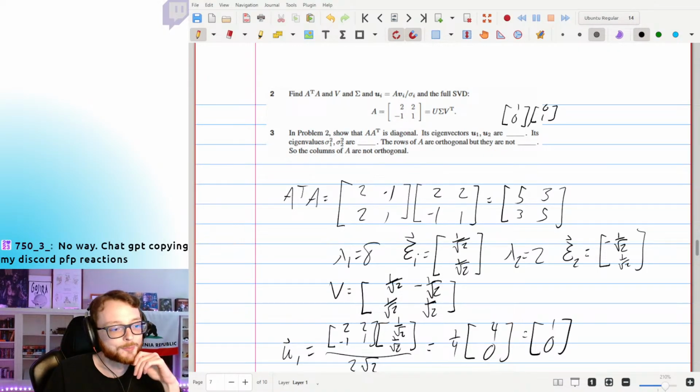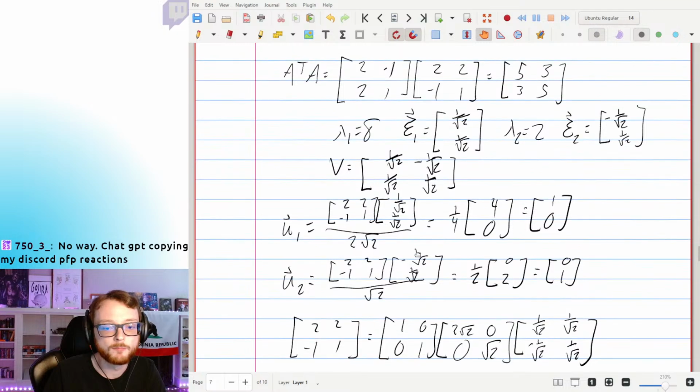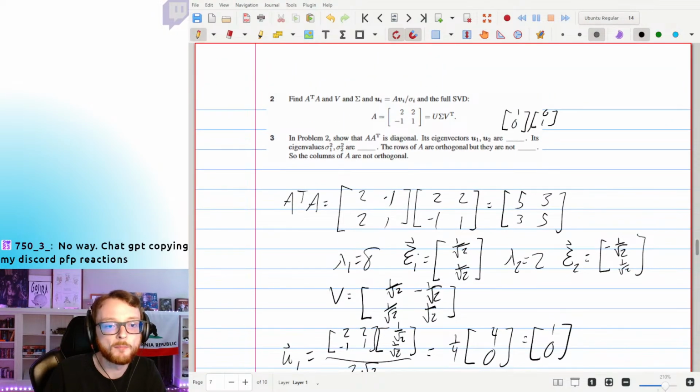ChatGPT copying in Discord PFP reactions. 2 and 8. Question 3 is kind of lame.